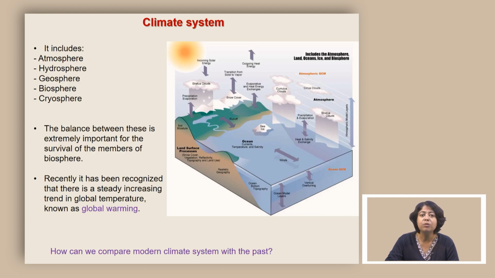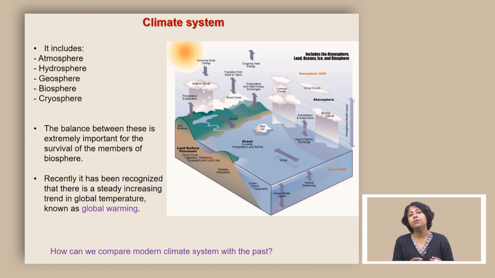convection. Biosphere is constituted by all the living organisms. They actually span from geosphere to hydrosphere all the way to atmosphere. And then cryosphere is the part which includes all the frozen form of the water. So, it includes glaciers, mountain glaciers as well as continental glaciers.